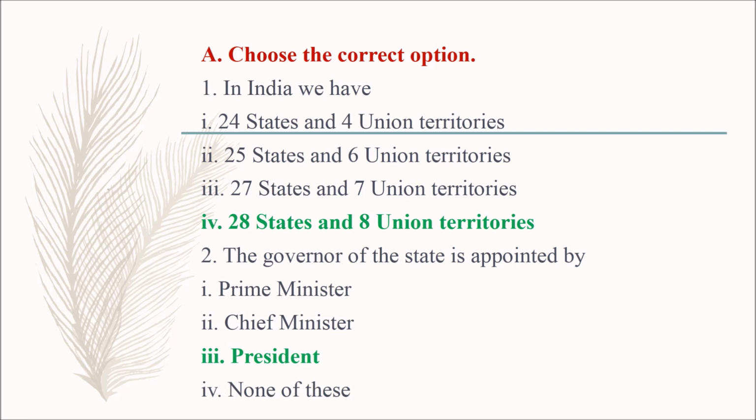So the correct answer is option 4, 28 states and 8 union territories. Question number 2. The governor of the state is appointed by option 1 Prime Minister, option 2 Chief Minister, option 3 President, option 4 none of these. So the correct answer is option 3 President.